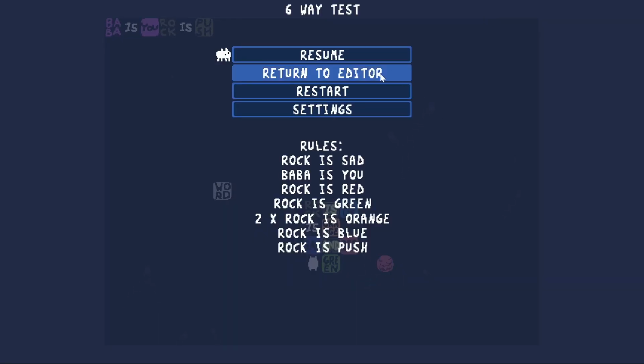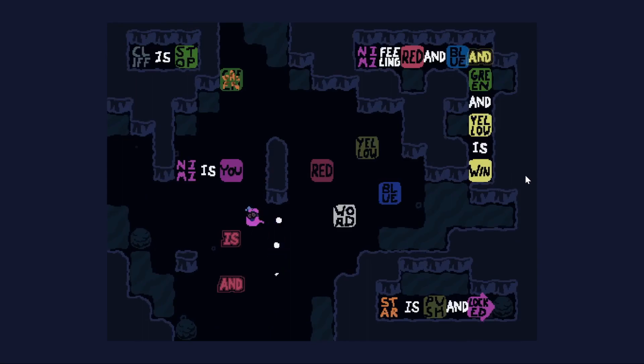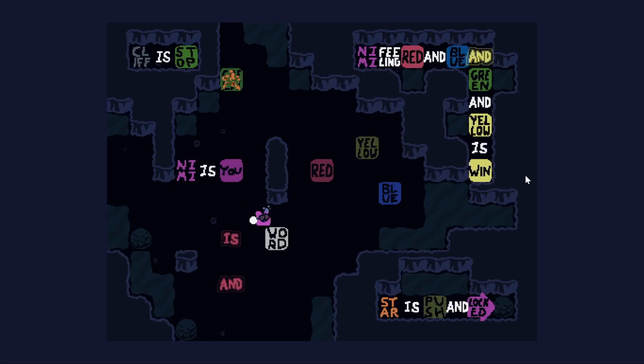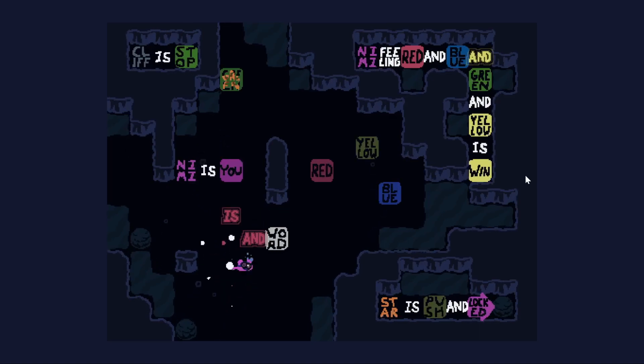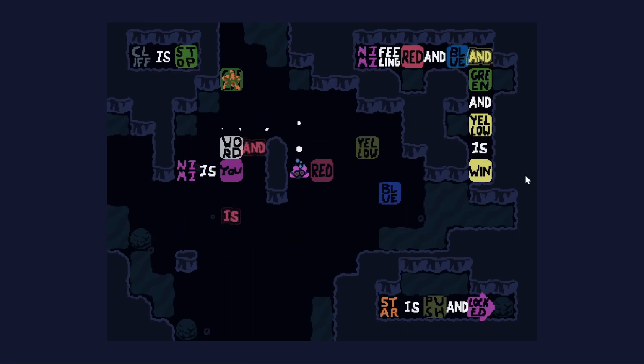Okay, so I think 6 connections is not actually possible. We just have to make 5 connections without using the word itself. Because that's possible with a single piece of text. Which means that maybe something like this is fine.